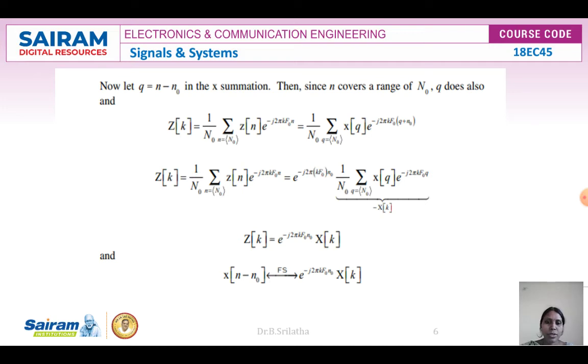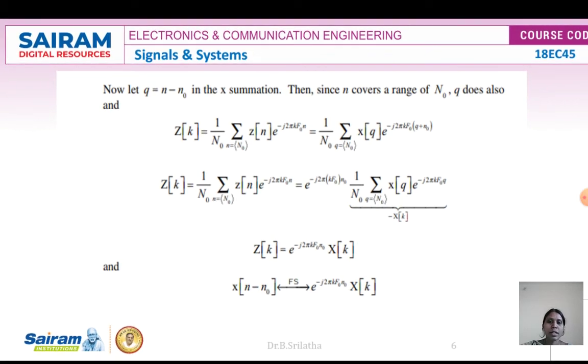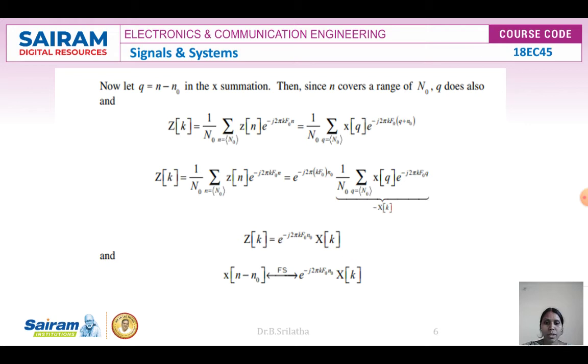So e power minus j 2 pi k f naught n naught, and 1 by N into this whole thing we can write as X of k. That is nothing but the Fourier transform of x of the variable. So x of n minus n naught is equal to X of k into e power, n naught times shifted, e power minus j 2 pi k f naught into n naught.